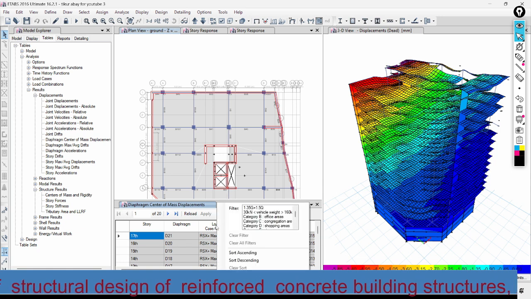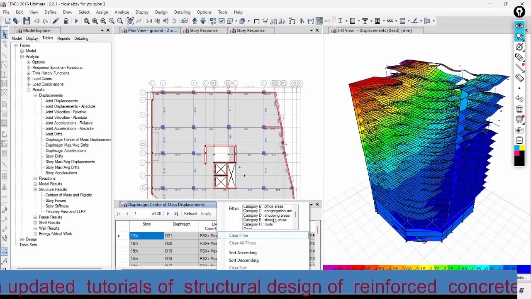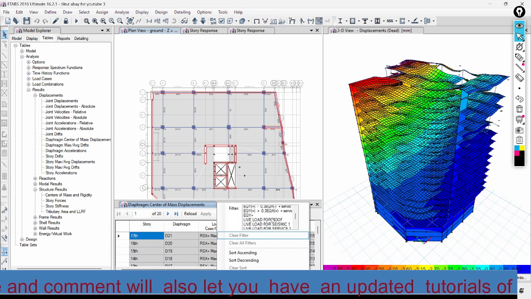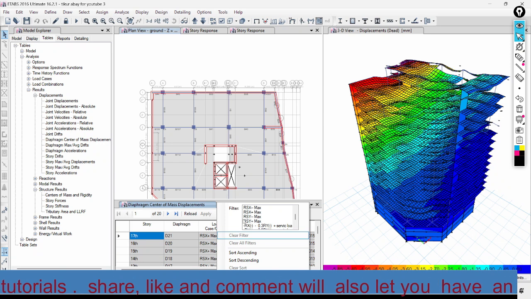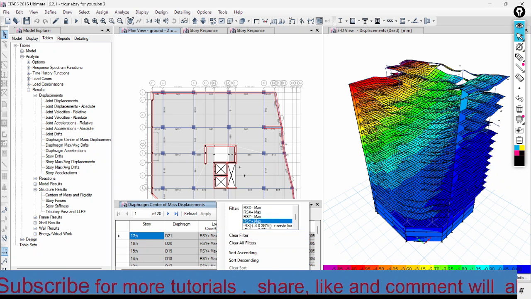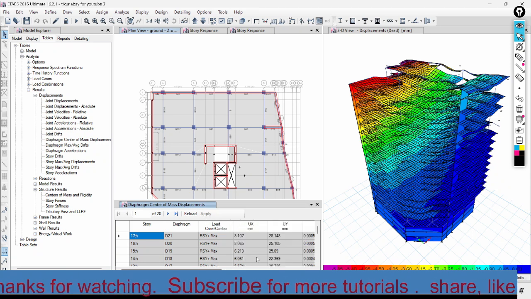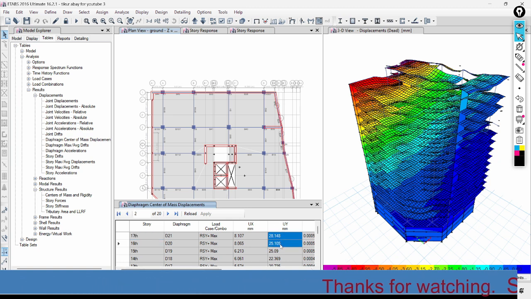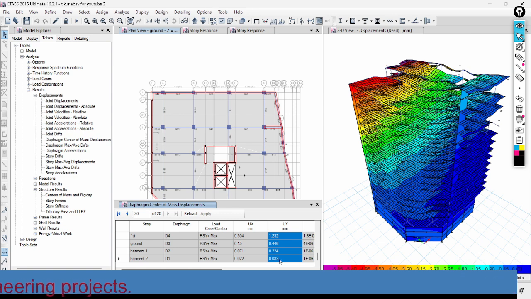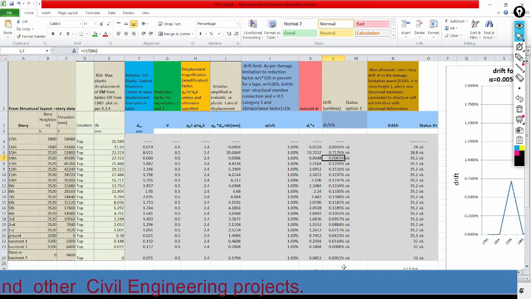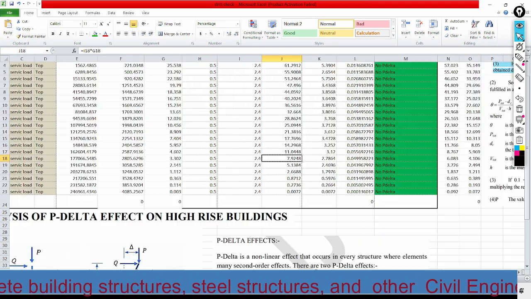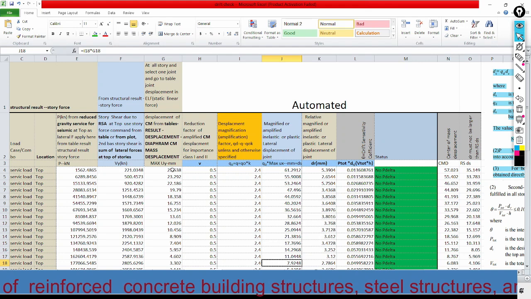Then I need to select this in y positive direction in a response spectrum case. So response spectrum y positive. Here I need to copy this lateral displacement in positive y direction. So Control C and go to the Excel. Here response spectrum. Then I need to paste it here.